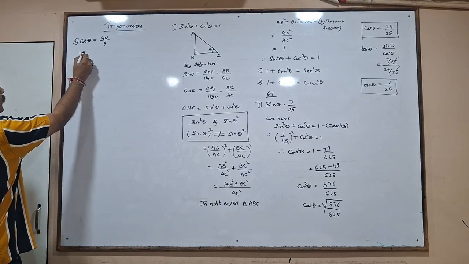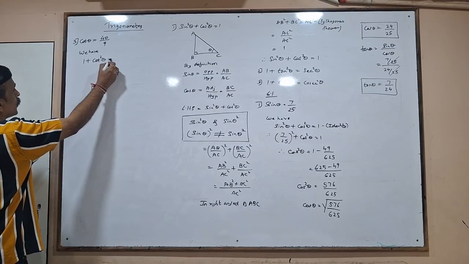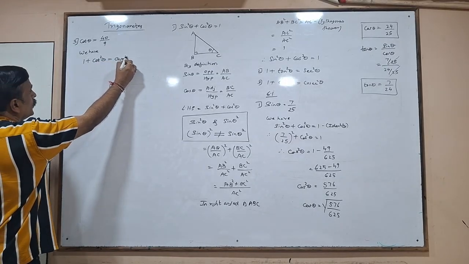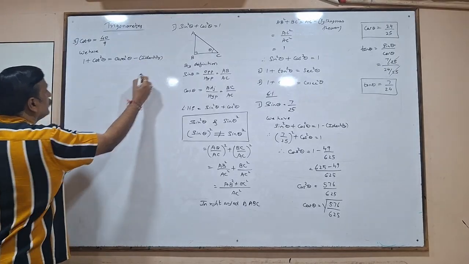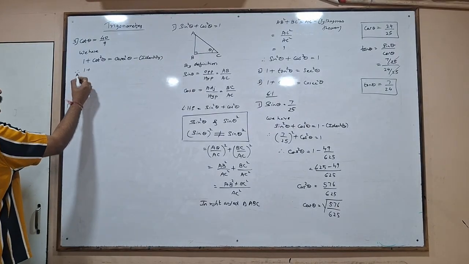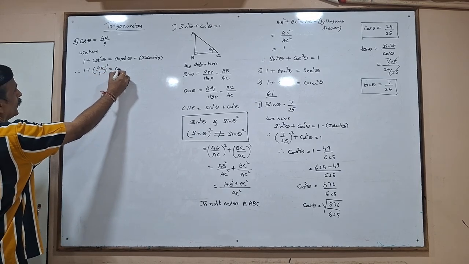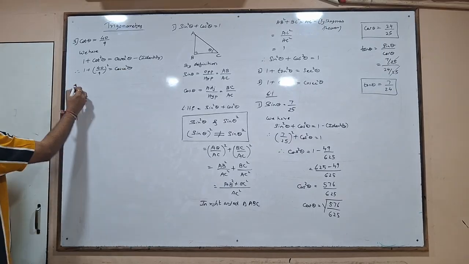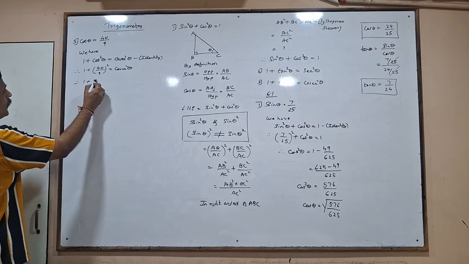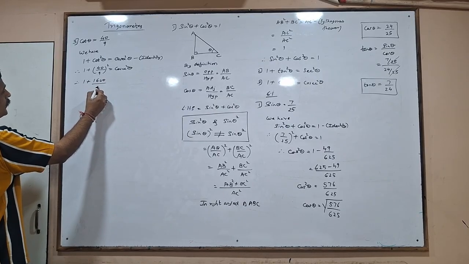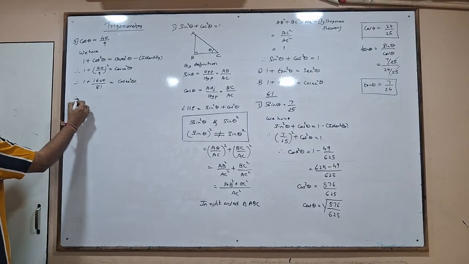So, 1 plus cot square is equal to cosec square theta. Identity. 1 plus cot is 40 upon 9 the whole square is equal to cosec square theta. 1 plus 40 ka square is 1600 upon 81 is equal to cosec square theta.